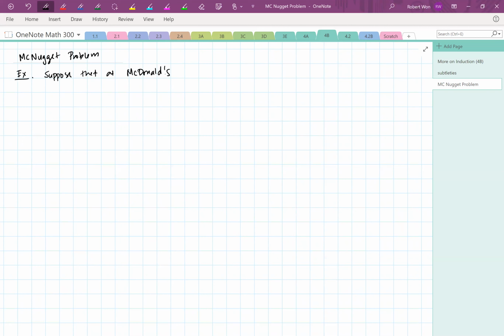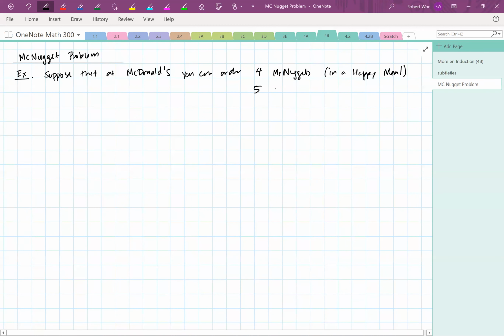But let's suppose you go to some McDonald's. You can either order 4 McNuggets in a Happy Meal, or you can order 5 McNuggets as the regular order. And let's suppose there's no 10 pieces or 20 pieces, just to make this as simple as possible.